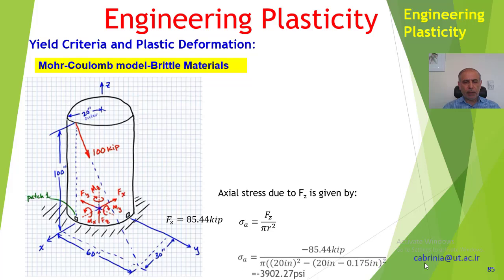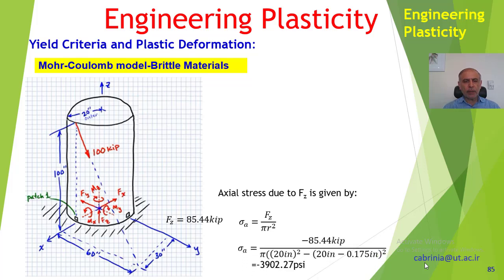Here the force is of course negative because the z direction is in that direction, that's the reaction, so we get a negative force here, that's a compressive force, and sigma A therefore is minus 85.44 kip over the area.